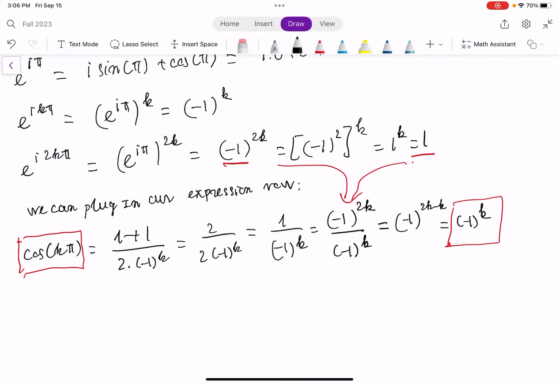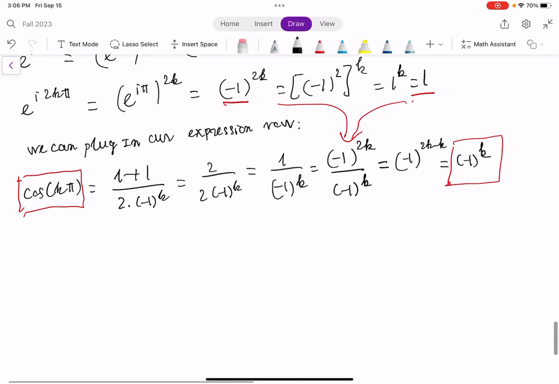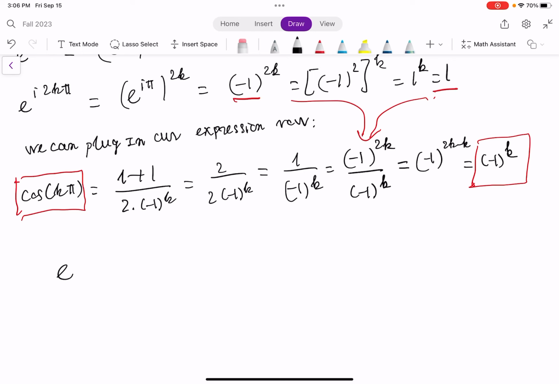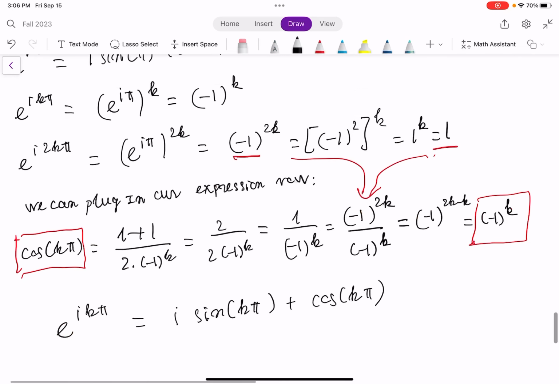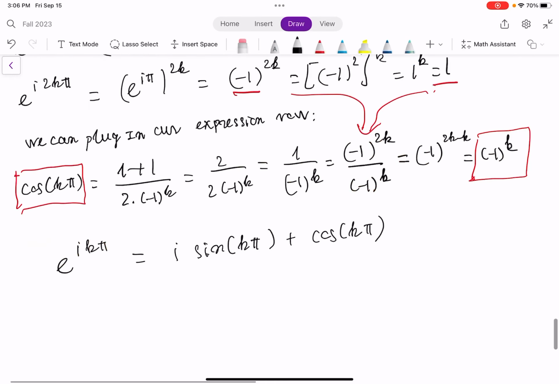Oh, and here, so we have some time. What about sine of kπ? Can we find it now? Of course. So you have e to the power ikπ equal to i times sine of kπ plus cosine of kπ, right? What's the e to the power ikπ? e to the power ikπ is negative 1 to the power k. We have that.